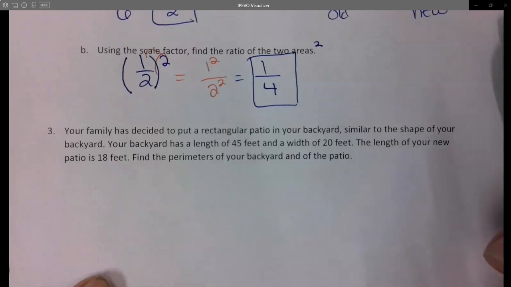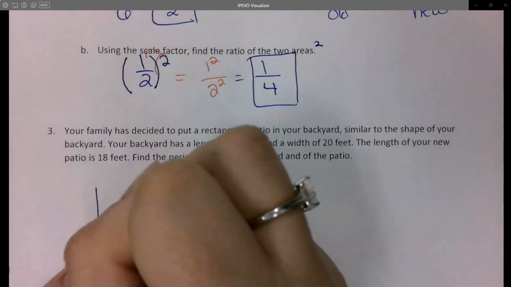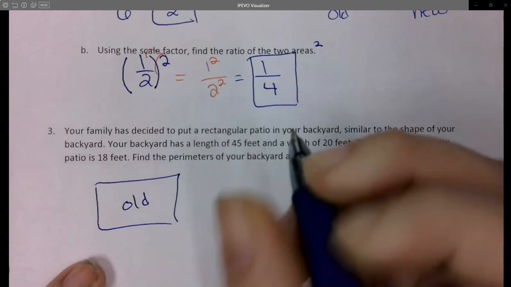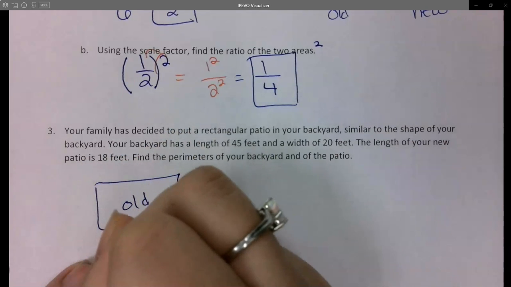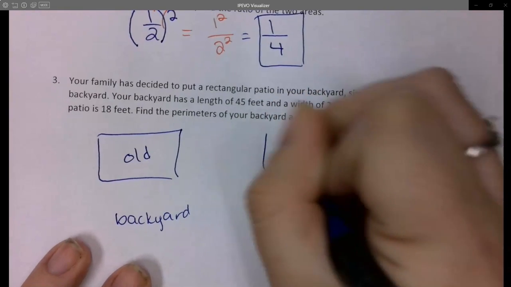Okay, number 3 is telling me I want to put a rectangular patio in my backyard, similar to my backyard. So my backyard is going to be old, and then the patio is going to be new.